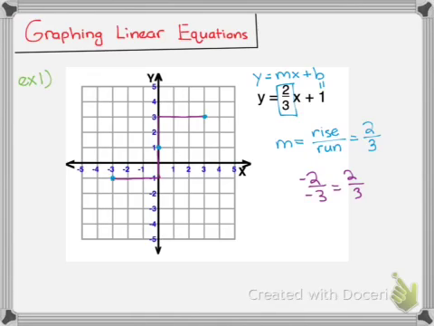Now I can connect that and I can have my line. If I connect those 3 points, there is my line. We're going to put arrows at the end because lines are infinite. They go on forever, which we'll look at in the next chapter some more.